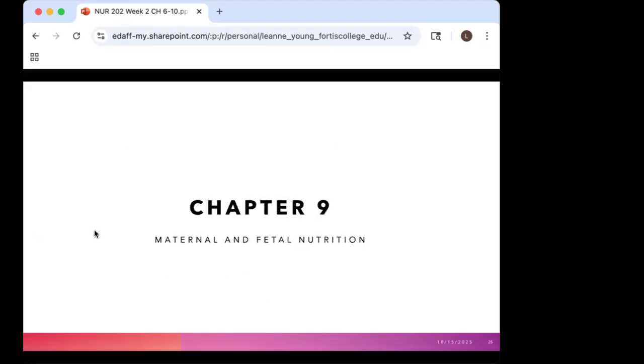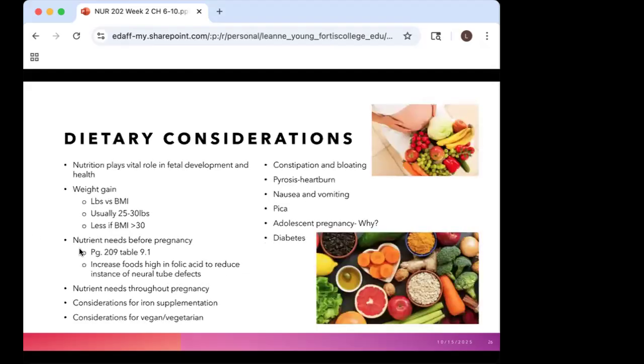All right, so moving on to maternal and fetal nutrition. Dietary considerations. Your diet during pregnancy plays a huge role in fetal development and overall fetal health. So weight gain in pregnancy. This is something that the office will go over with the patient, and it is very dependent on a mom's pre-pregnancy BMI and weight.